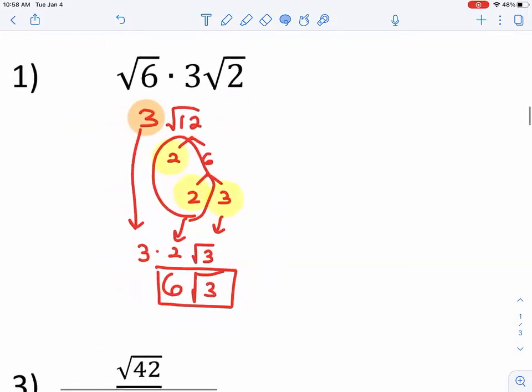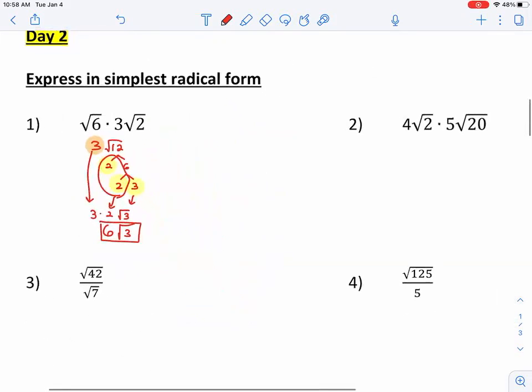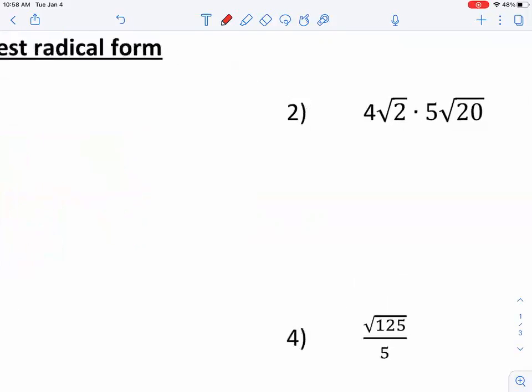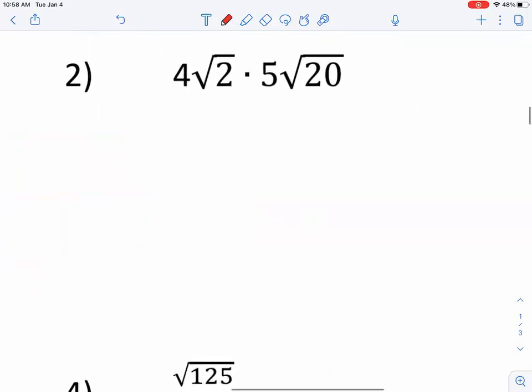Okay, so kind of one more step from what we were doing. Is I just multiplied the 6 times 2 and got 12, and then went from there. So in problem number 2, I can do something similar. Multiply anything on the outside.